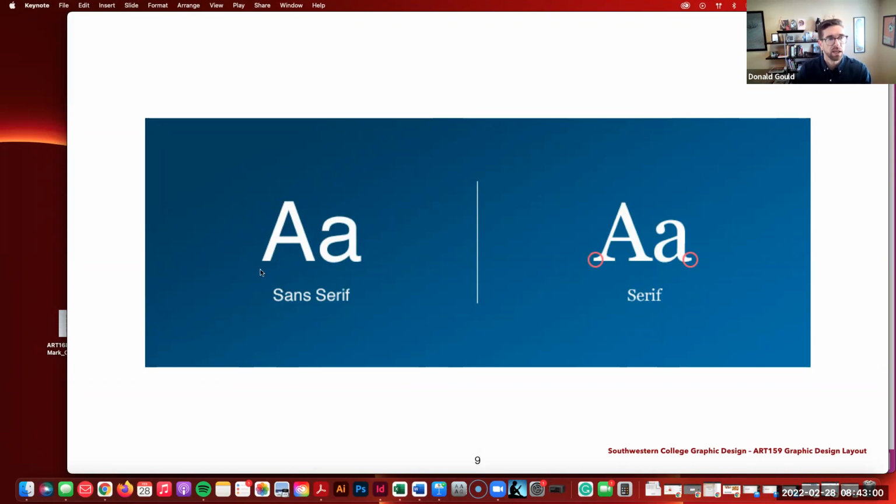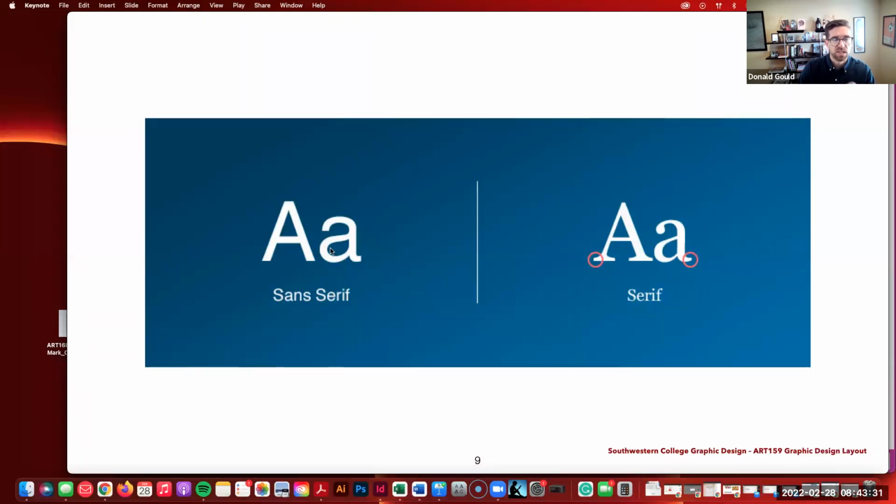One thing to take a look at here is that a sans serif typeface is typically considered a little bit more modern. It's also a little bit more universal as far as the weights that are happening here between the letter forms, right? So the serif font is a little bit more ornamental, where the serifs have these extending ornamental elements that are coming off of the ends, while the sans serifs are very clean.